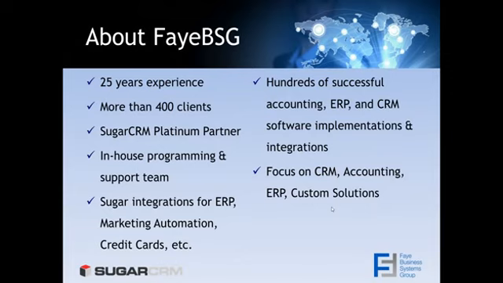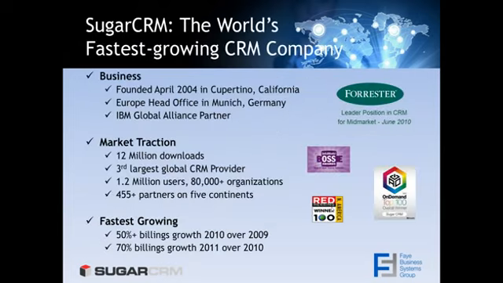All of our programming team are in California, a couple scattered throughout the United States, but mainly we're here in California, and exclusively in the United States. Our support team is also dedicated in-house. We've done hundreds of successful software implementations, accounting and ERP and CRM software. So we know a thing or two.